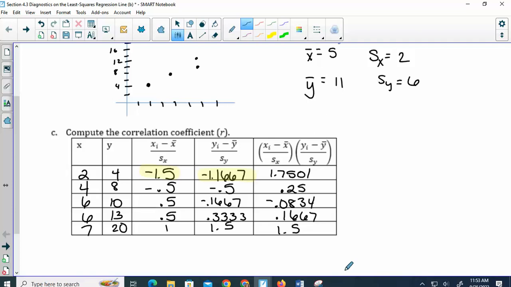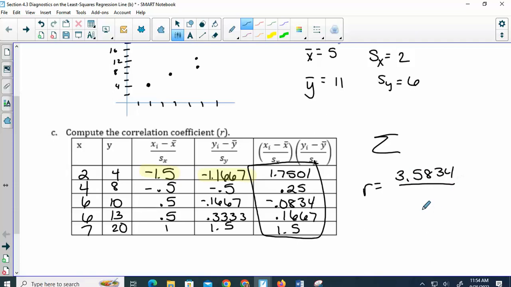All right, grab your formula sheet. So we are finding r. So look on your formula sheet. First thing under chapter 4, the first bullet. Correlation coefficient. It has this big symbol. That's the sum of all of these. So if we add those up, we get 3.5834 divided by n minus 1.